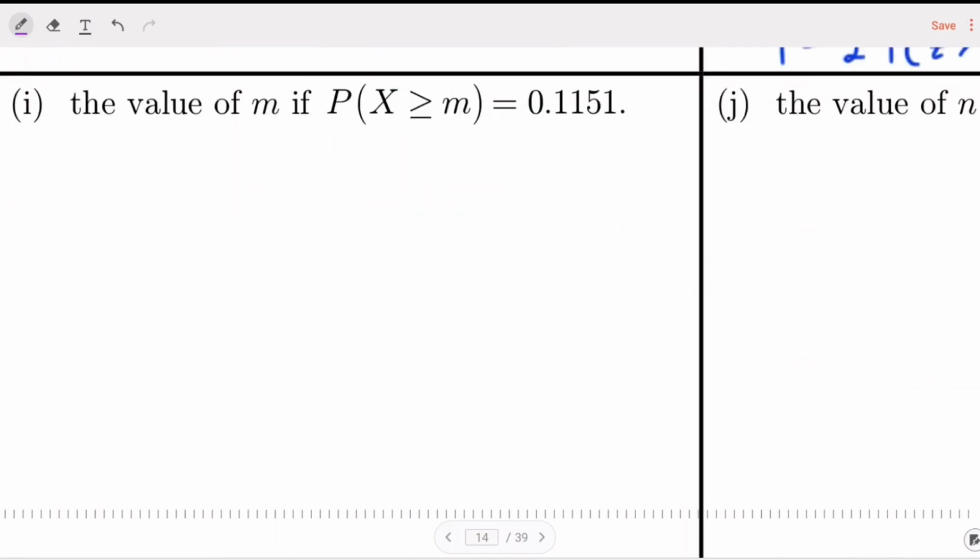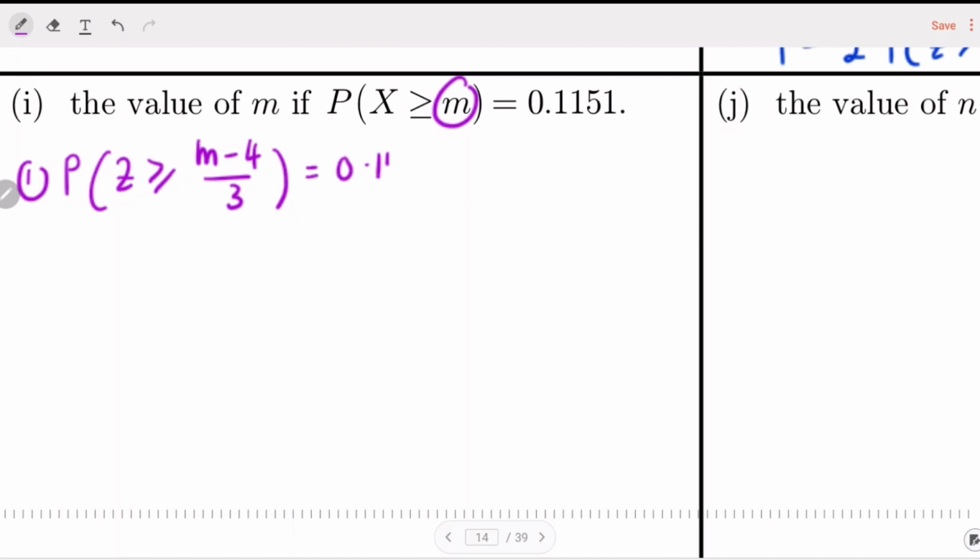As usual, the first step is to standardize, change from X to Z. So our X minus mu divided by sigma. Second step, bell shape.